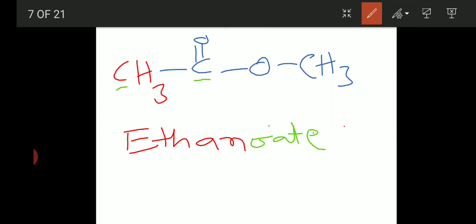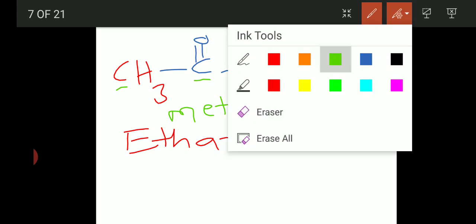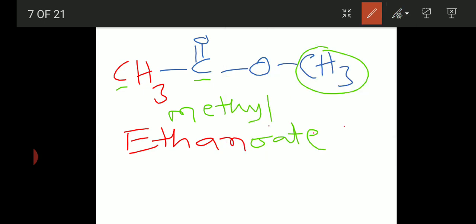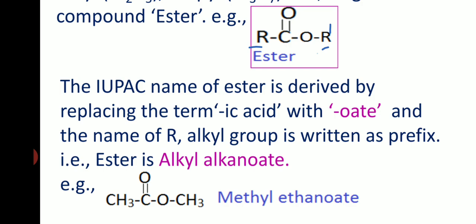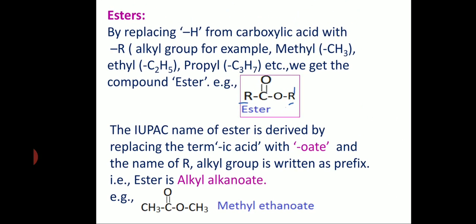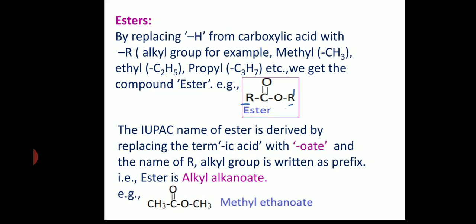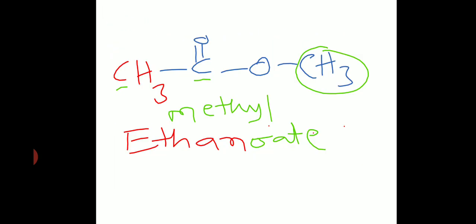Now what is the substituent R? Methyl. That's why I write its name before, as prefix: methyl ethanoate. So the name of this ester is methyl ethanoate. Like this you can try many examples. So this is the second category of derivative.